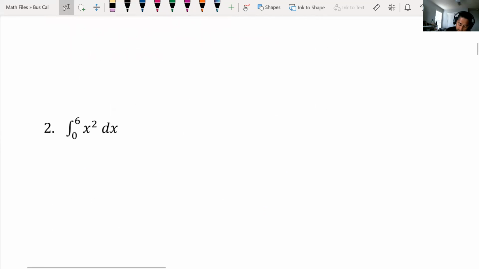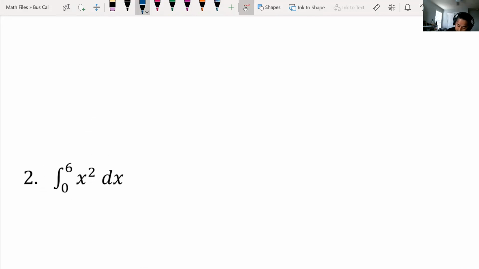All right, 2, let's try it again. The integral from 0 to 6 of x squared dx. So finding the antiderivative is going to use power rule, and we will get x cubed over 3 and evaluate it on the interval 0 to 6.